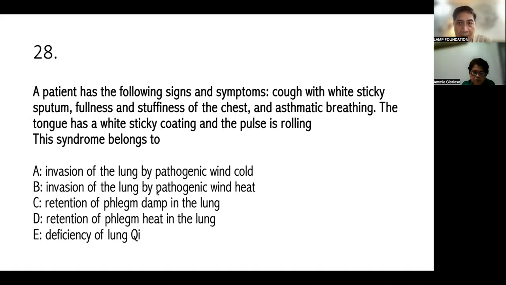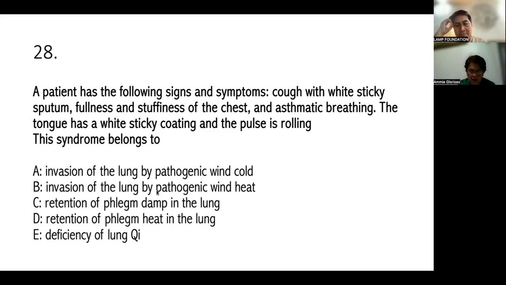What is a rolling pulse? How would you describe a rolling pulse? Is it similar to slippery? Paano siya magiging wiry? Nagro-roll siya. Can you tell us, Ma'am Ami, what's the difference between wiry and rolling pulse?